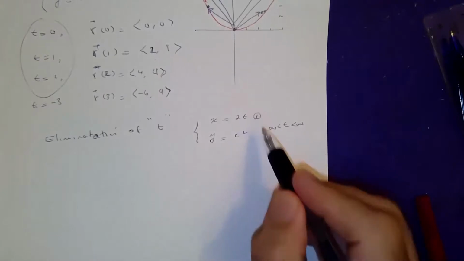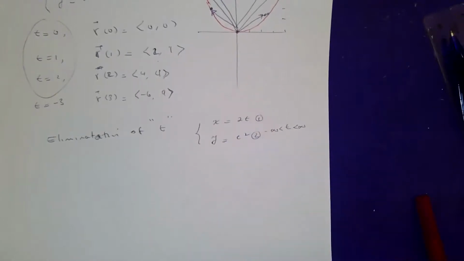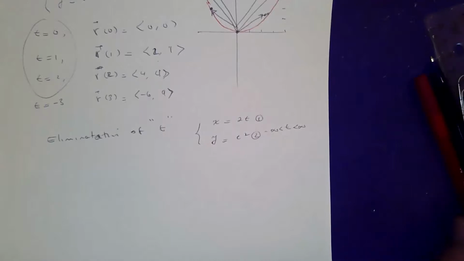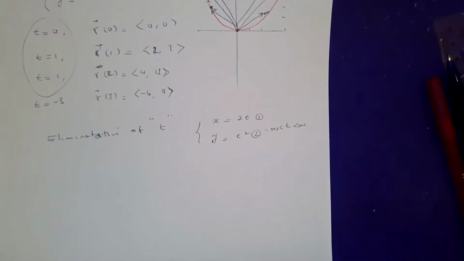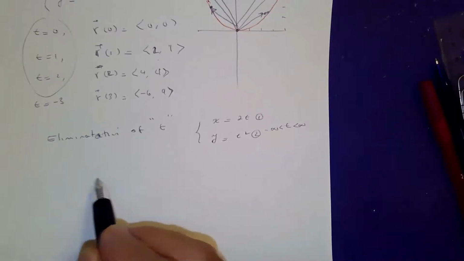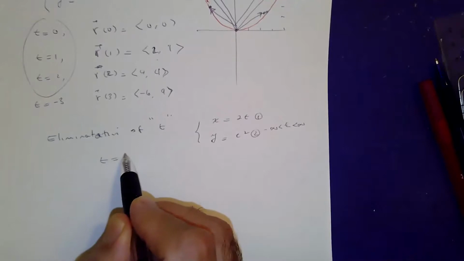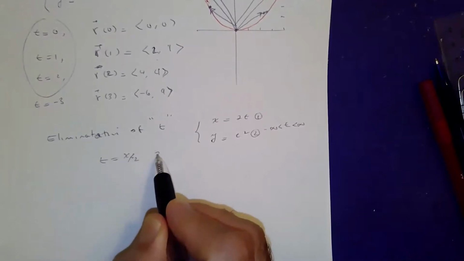So here's equation 1, here's equation 2. Ready? Go. I'd like to write the equation in Cartesian form, which translates to, I don't want to have any t in my equation. So what would I do? Solve x equals 2t for t equals x over 2. Call this 3.